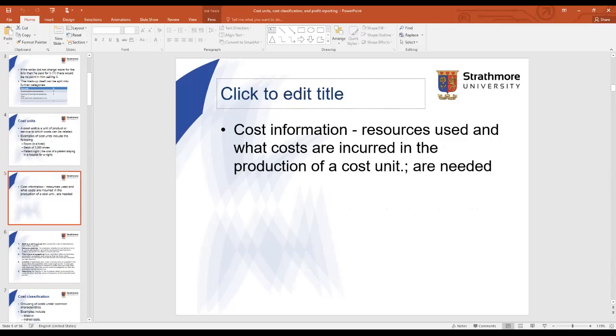There's some cost we incur along the way. They use the general admin services, which of course is not part of the lecturing fee. There's the cost of the lecturer. So you need to be able to pinpoint the resources that have been used in order to ensure this particular product has been made available to the customer.